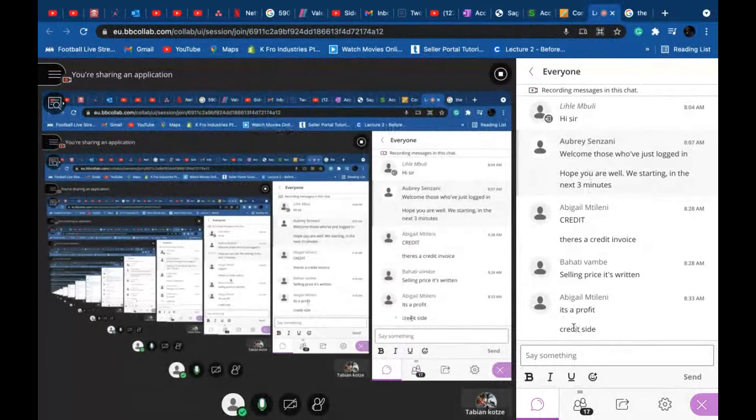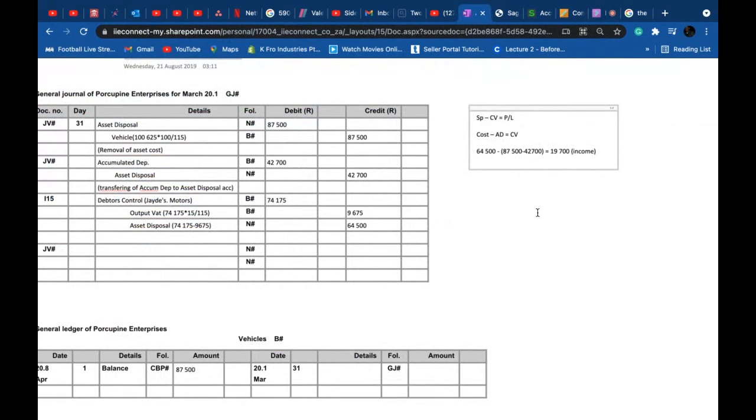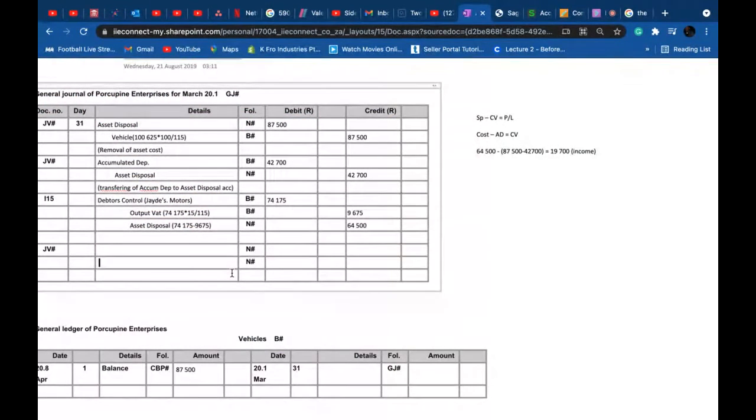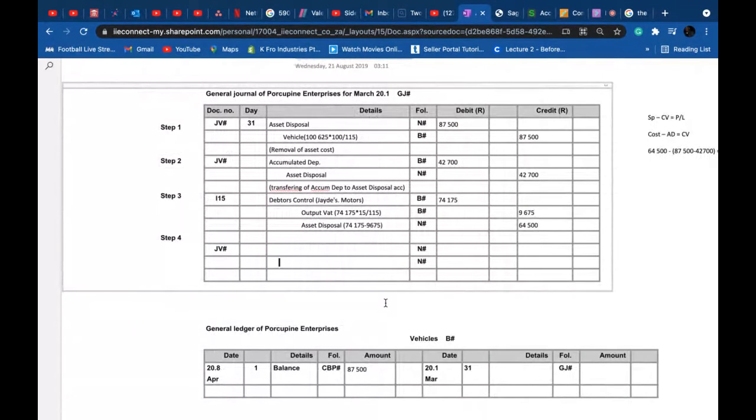We credit. Thank you so much, Abigail. So since we are now crediting because we have an income, here we're going to credit this income. We're going to record this income on the credit side.